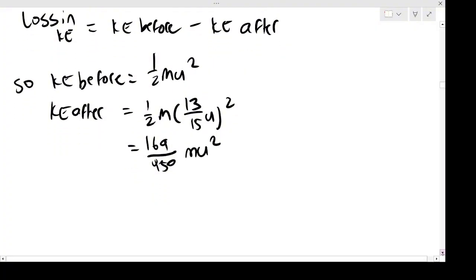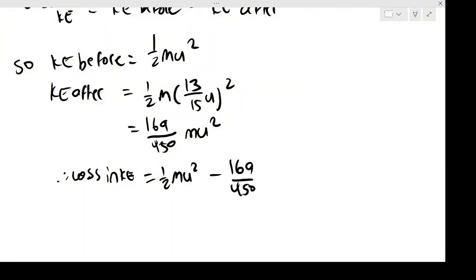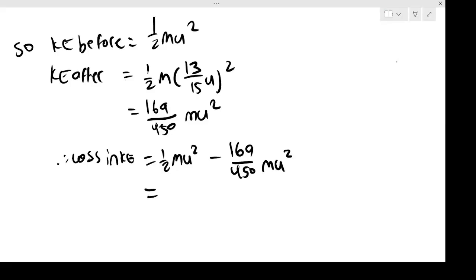Okay. So therefore, the loss in kinetic energy is just going to be half mu squared take away 169/450 mu squared. Now I can simplify this. I can factor out a half mu squared, so that's going to be 1 take away, now if I factor a half out of 169 over 450, I do 169 over 450 divided by a half. So that's going to be 169 over 225 after we pulled out a factor of a half.